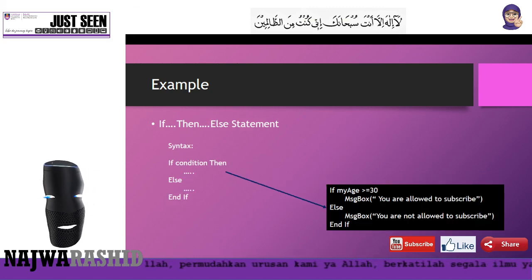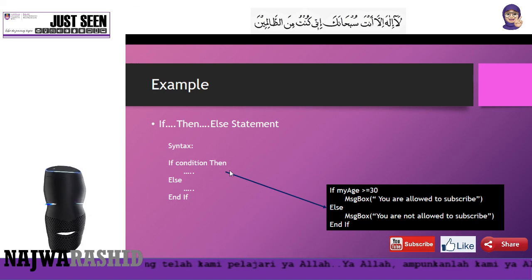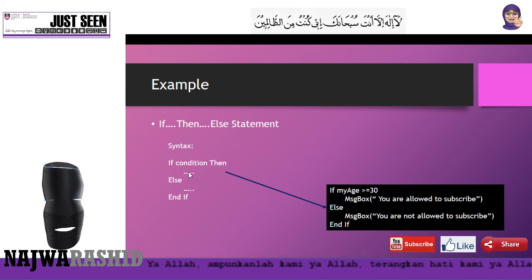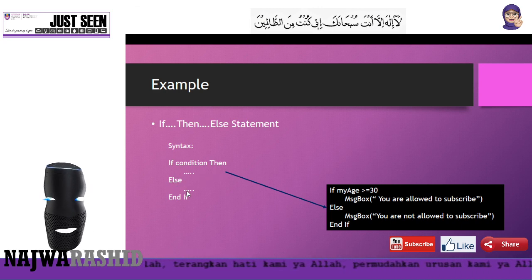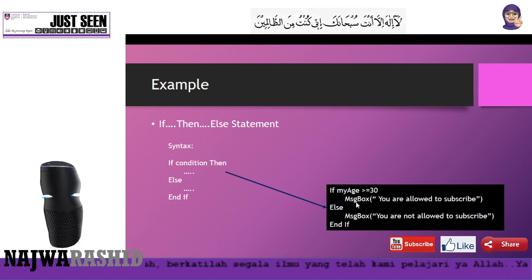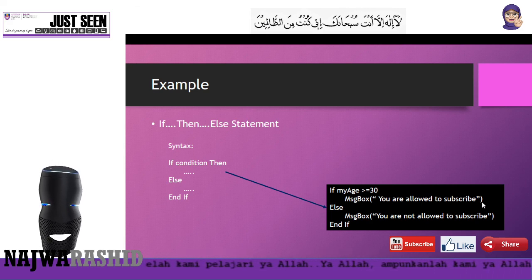The next example is the If Then Else statement. The syntax is like this: If, followed by the condition, followed by Then, and then what to do here is the Visual Basic expression, and then Else, another Visual Basic expression, and End If. For example, if my age is greater than or equal to 30, a message box will appear saying you are allowed to subscribe.